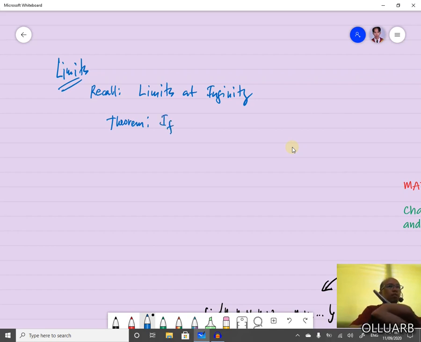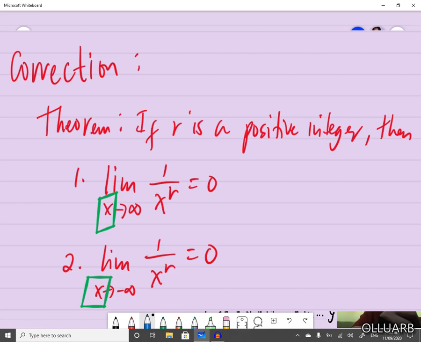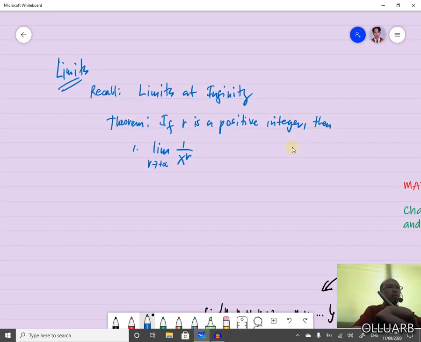If r is a positive integer, then we have: the limit of 1 over x to the r, as r approaches positive infinity, is equal to 0.